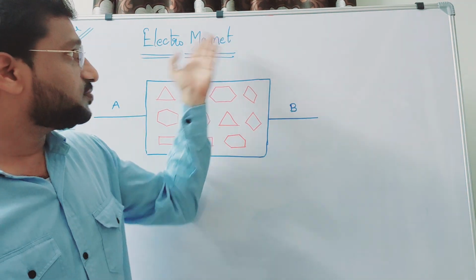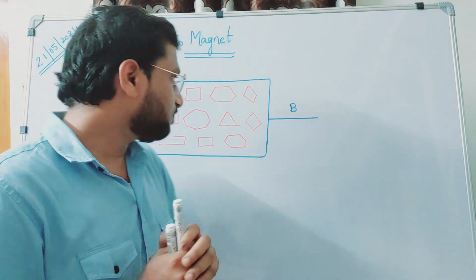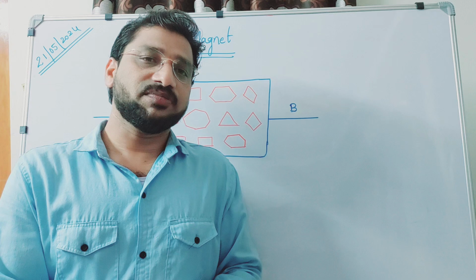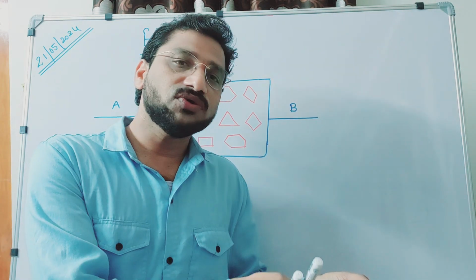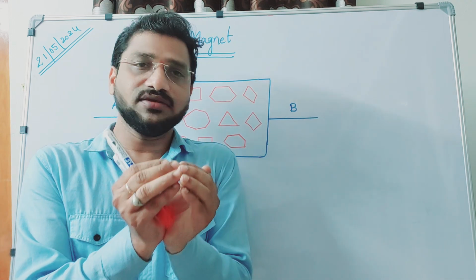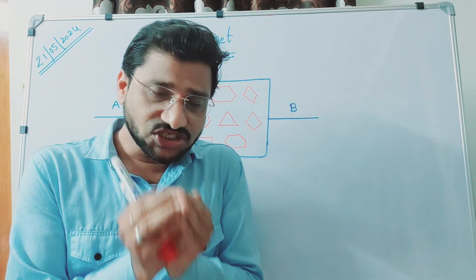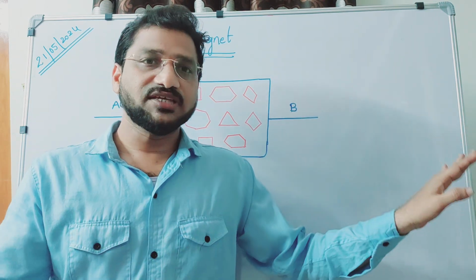Similarly, when you speak about magnetic materials, we should speak in the same manner, right? On that day I told that in the absence of power supply, the number of electrons is equal to the number of protons inside the atom. That means the net charge of the atom is zero when no supply is connected.